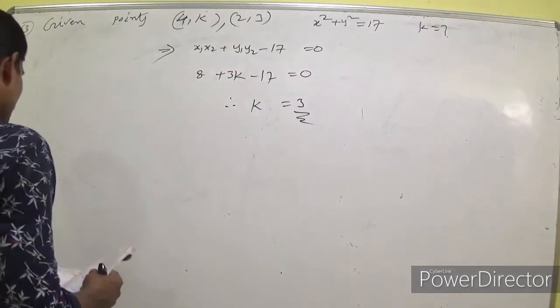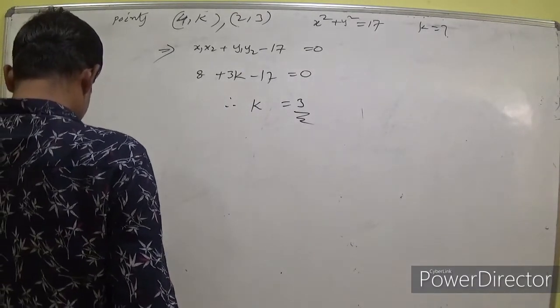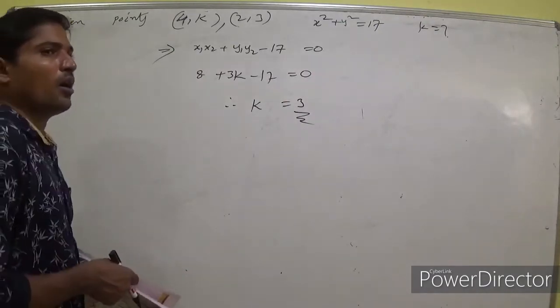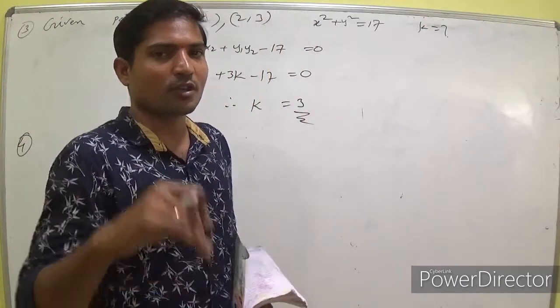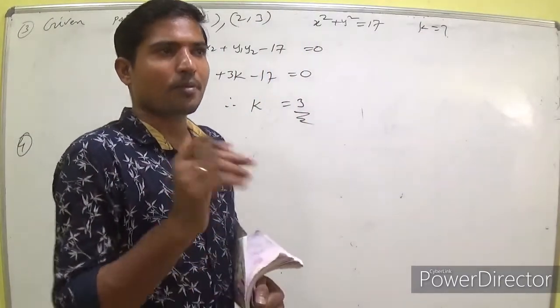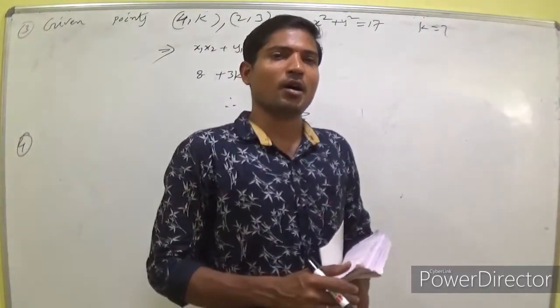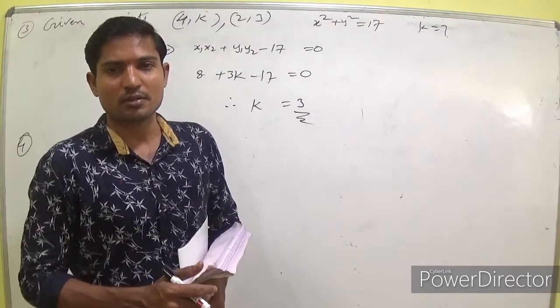The inverse point of p comma q with respect to the circle is p r square by p square plus q square comma q r square by p square plus q square.